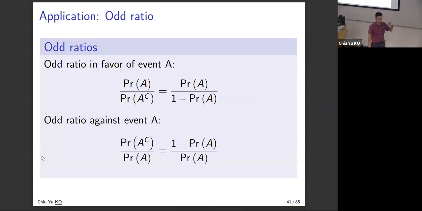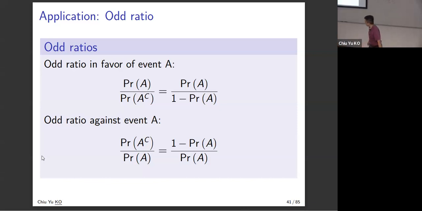This is another way to define probability in the traditional sense. Probability is something mathematicians actually invented, but before that, people talked about odds. Okay, odds is defined as the ratio of probability of A over probability of A complement. If the probability of A is 1/2, the odds is 1, right?